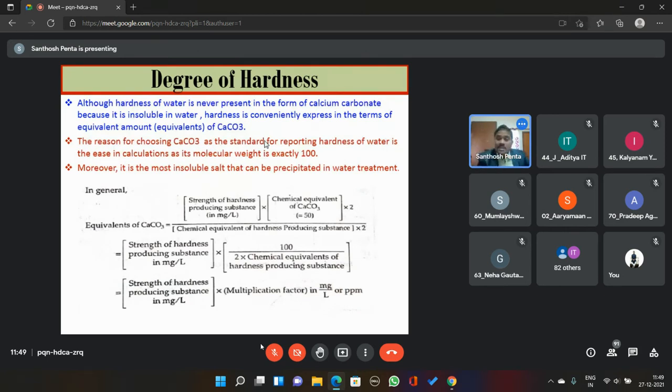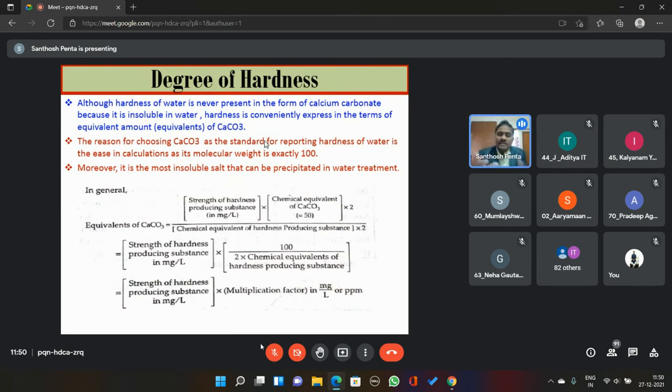But here, in the calculation of hardness of any ion, let us assume that in the given water sample, magnesium bicarbonate alone is there, and that alone may be causing the hardness.